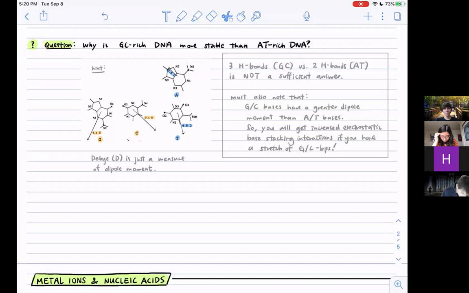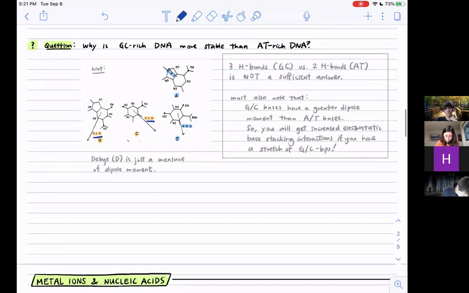But the hint that I put on the left, the pictures of the bases, have this arrow showing the dipole moment of the entire base. It also has these numbers with a D after it. D is a debye, which is just a measure of a dipole moment.